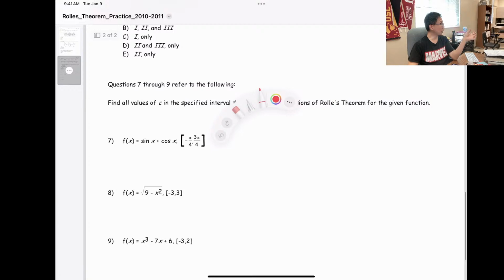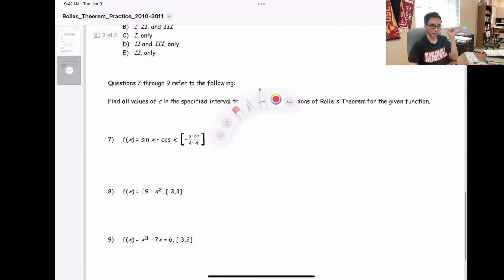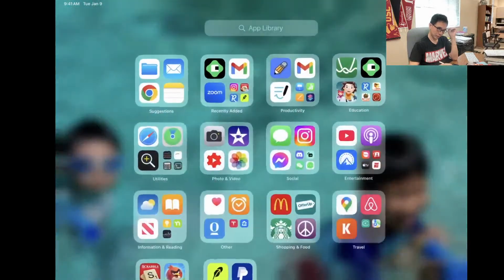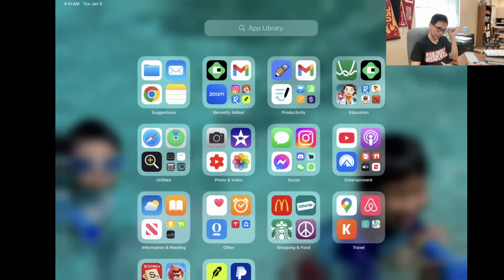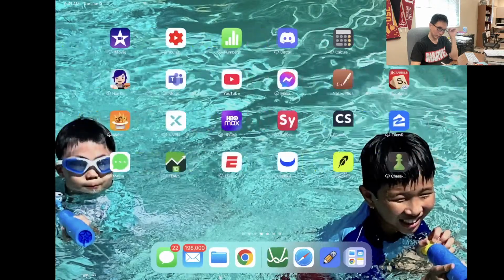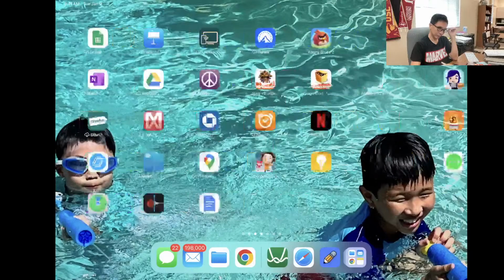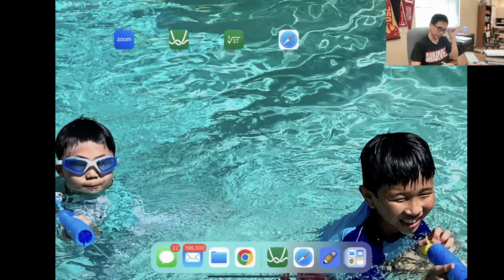Denominator, but that's endpoint. Endpoint's not differentiable. 21. Can I explain 8? Sure. Oh, no. Yeah. We could get 21 though.